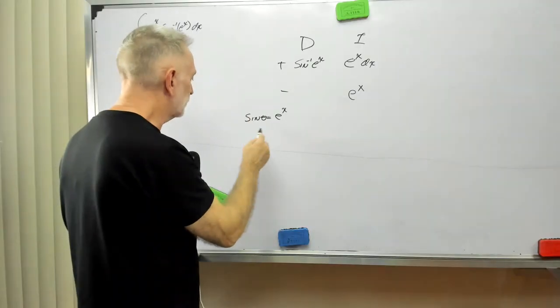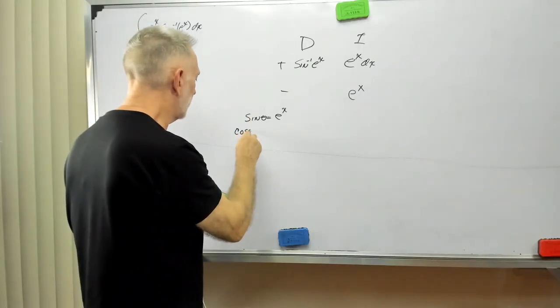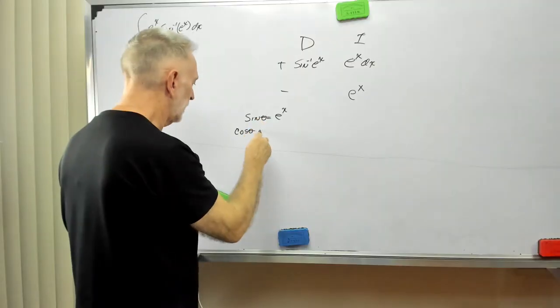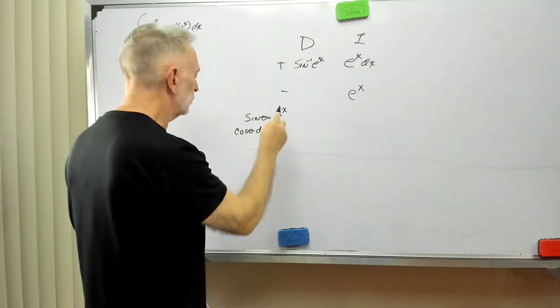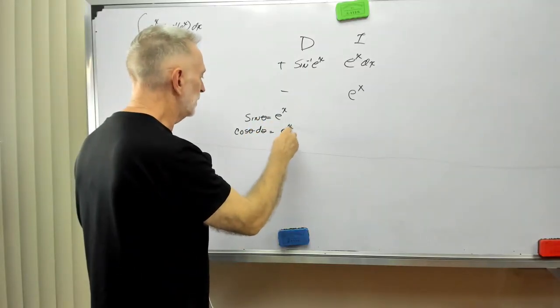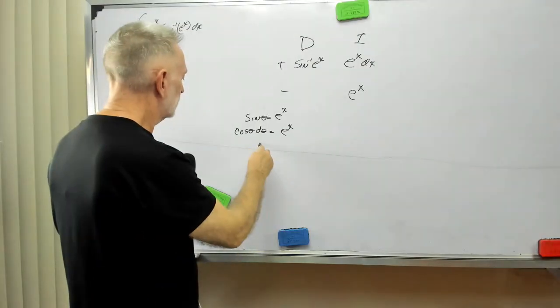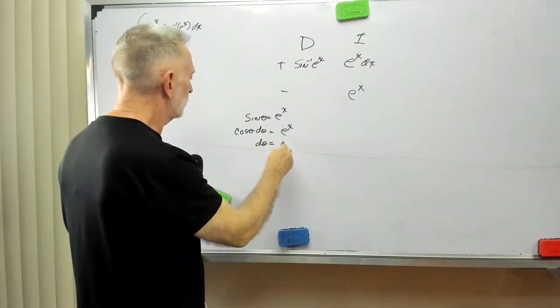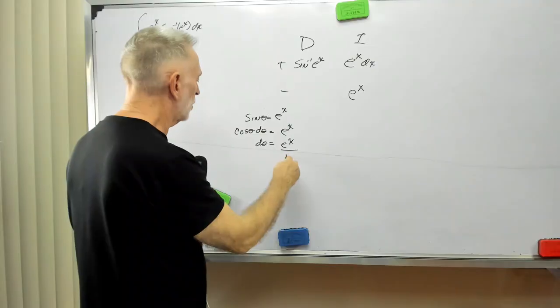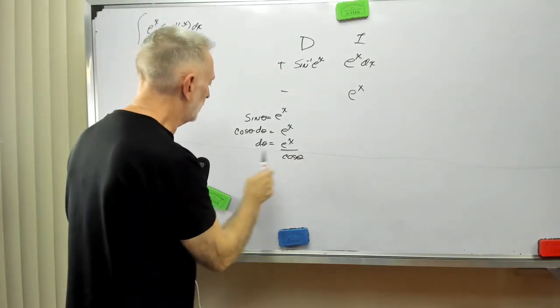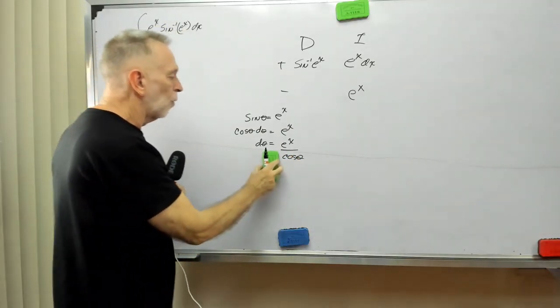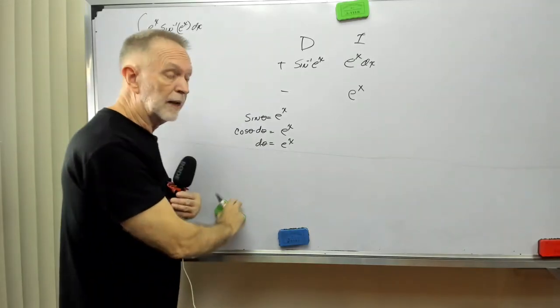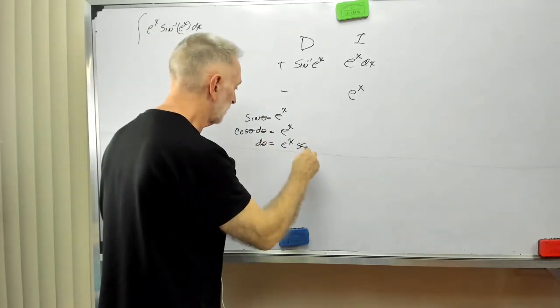So the derivative of sine theta is cosine theta d theta, and that equals the derivative of e to the x, which is e to the x. So d theta equals e to the x over cosine theta. I divided both sides by cosine. 1 over cosine is what? Secant theta.